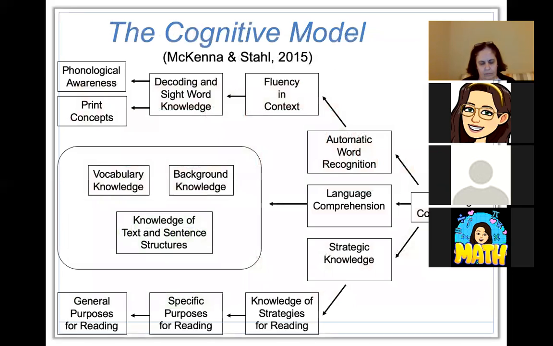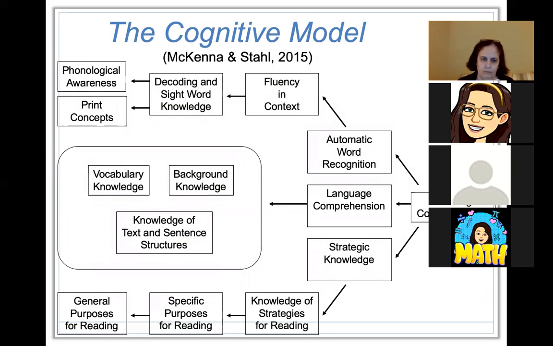It's a cognitive model of assessment in this case, because if you reverse the arrows, and that's how it initially was presented, all these components merge to support reading comprehension. We need to say that the ultimate goal of instruction is not for the students to be fast decoders.